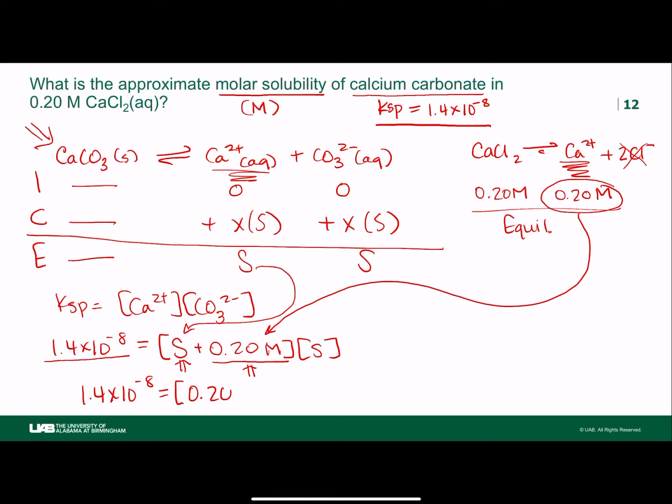I'm going to drop that S. That gives me a value of 0.2. I still have to keep the S for the carbonate because there's no competing ions for it. The only carbonate I have is from that calcium carbonate. So now I have something relatively simple. I can just divide the KSP by that 0.2, and that should give me a value of S of 7.0 times 10 to the minus 8 molar.